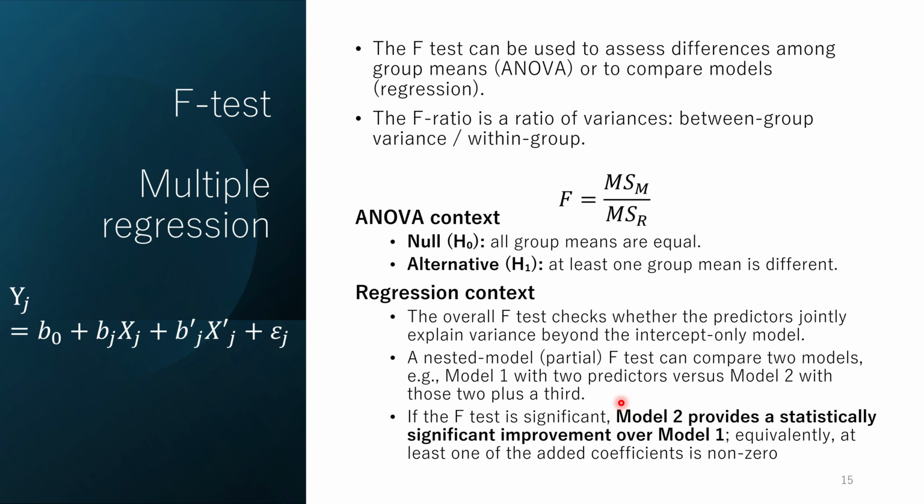We can compare model 1, which includes the 2 predictors x1 and x2, and model 2, which has x1, x2, x3. We compare the results, and we can check which model is better. If the test is significant, model 2 provides a statistically significant improvement over model 1. So we can adopt the second model, model 2.